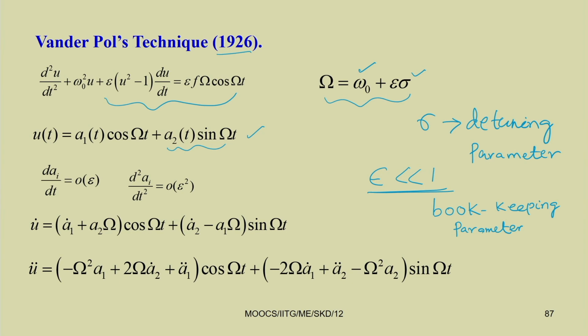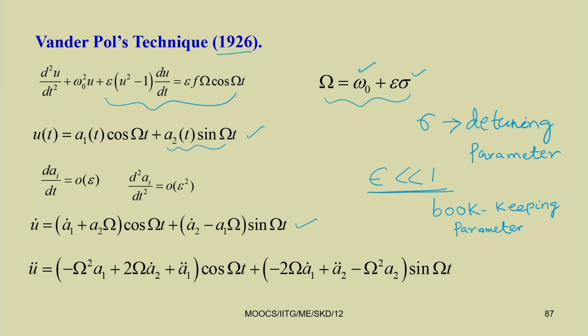By taking the cos term separately and the sin term separately, one can write u dot equal to a1 dot plus a2 omega cos omega t plus a2 dot minus a1 omega sin omega t. So, this way u dot can be written.